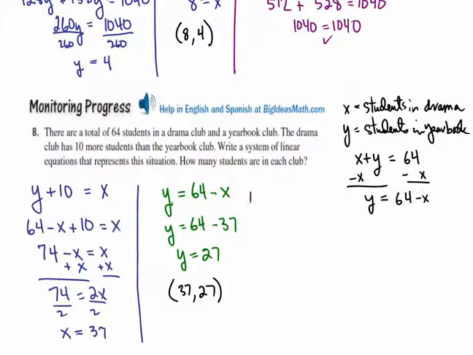So how am I going to check this? I used y equals 64 minus x already to find the y value. Now I'm going to go back to the first equation, which says that the number of students in the drama club is 10 more than the number of students in the yearbook club. Drama club is x, which is 37.